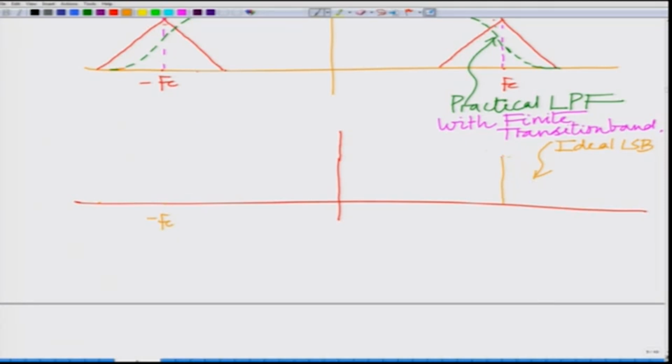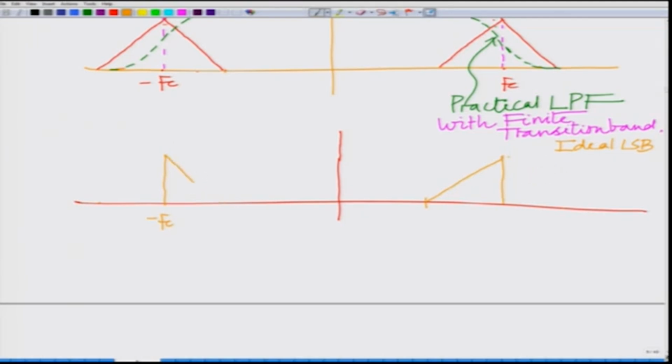So, the ideal LSB characteristic will have looked something like this. This is your ideal LSB.